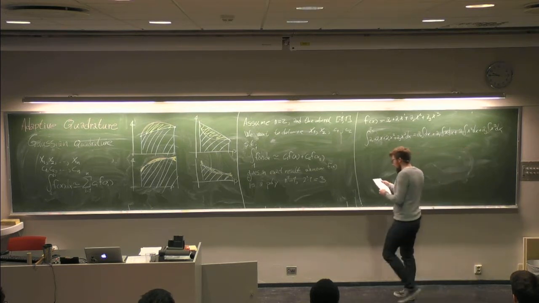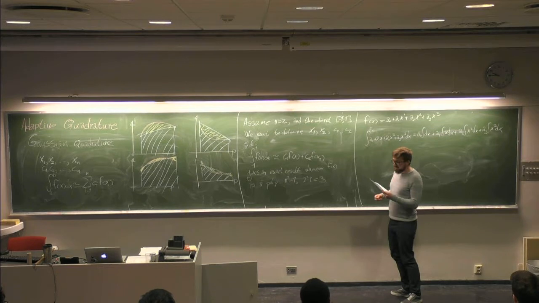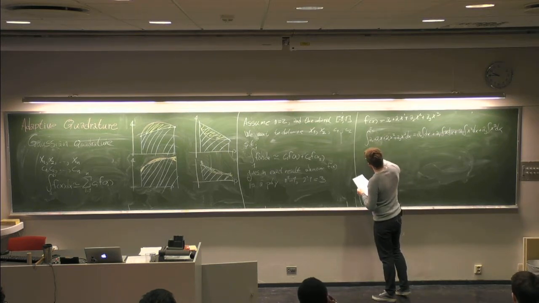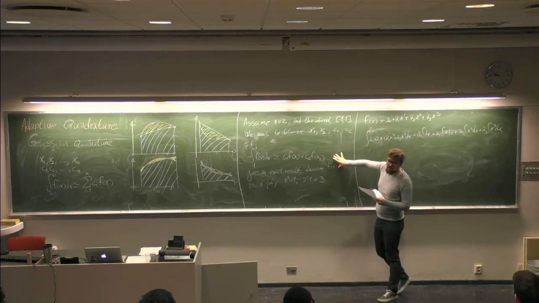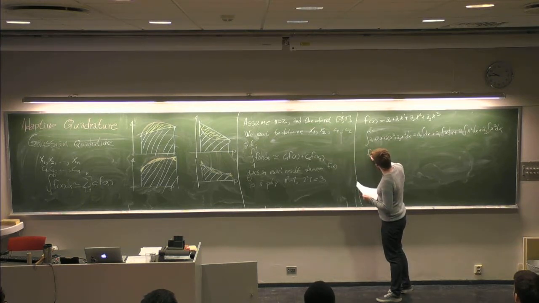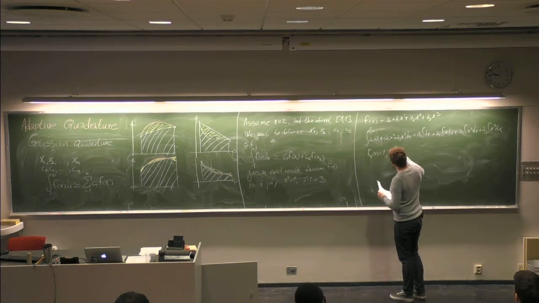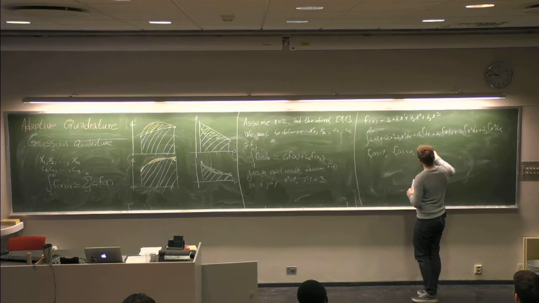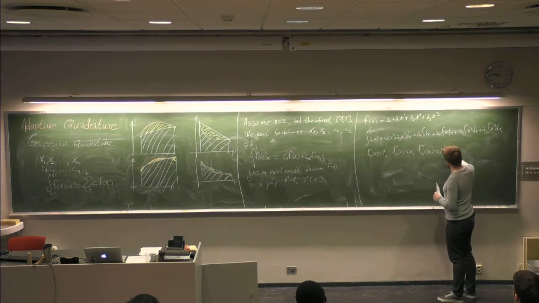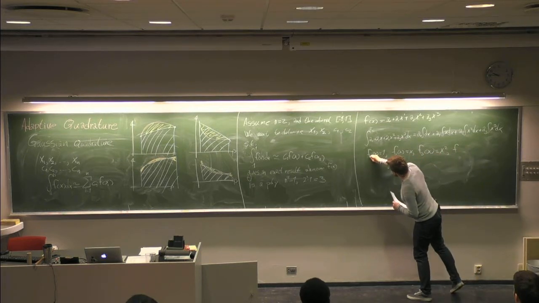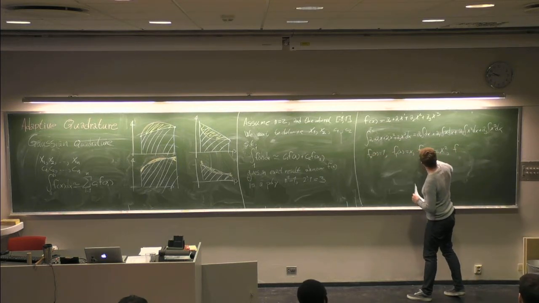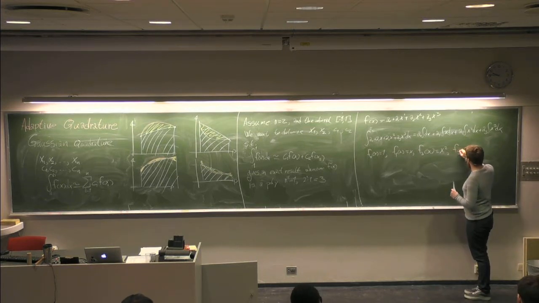Yeah, got carried away. Basically what we're after is we are first going to fit this for f0 of x equals 1, f1 of x equals x, f2 of x equals x squared, and f3 of x equals x cubed.